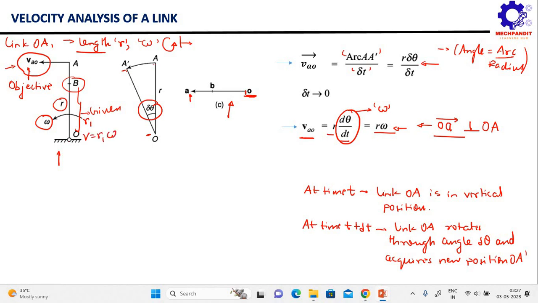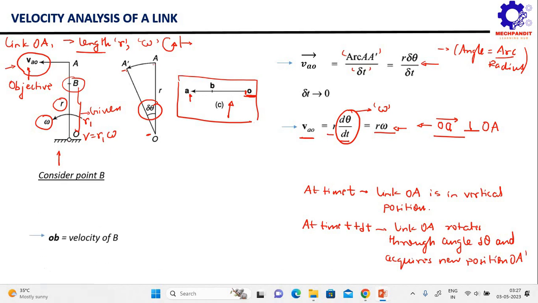But in case we want to leverage this vector diagram to calculate the velocity of B with respect to O, how can we do that? Let us see that.